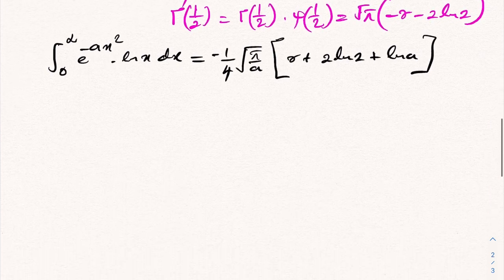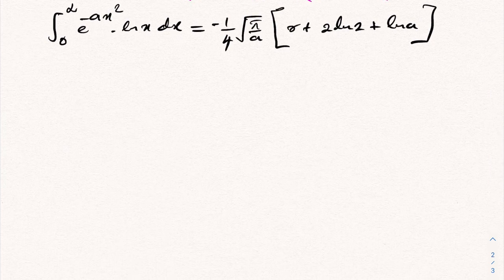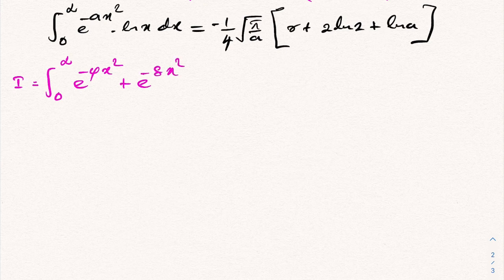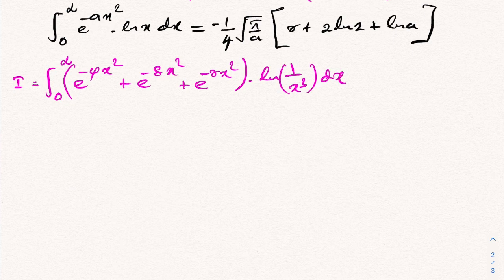Well, then let's take our main integral I. We know I is equal to the integral from 0 to infinity of (e^(-phi x^2) + e^(-delta x^2) + e^(-gamma x^2)) times natural log of 1 over x cube dx. Then here we have natural log of 1 over x cube, we can write x to the minus 3 power, so minus 3 times natural log of x.